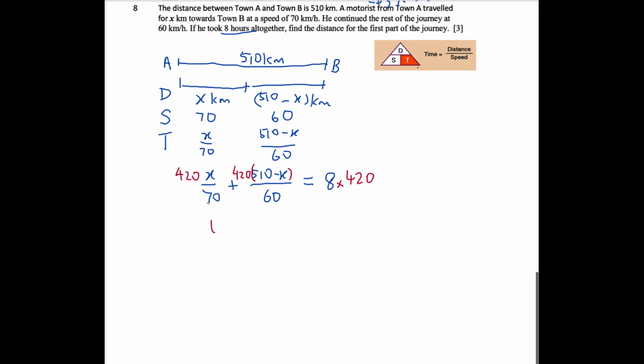In this way, we can cancel the denominators, which gives us a 6, 7, and now we have 6x plus 7.